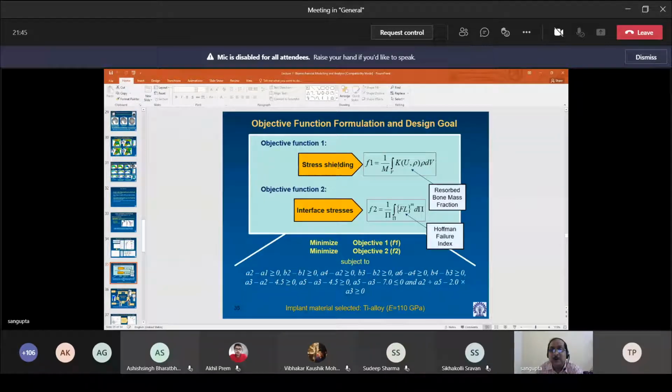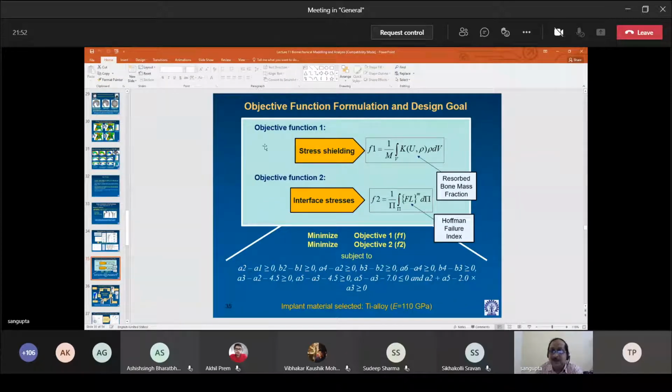So these are the two objective functions. And in many cases, we will find that these two are contradictory in nature. So if you increase a dimension of a prosthesis, it may actually lower the chances of interface failure, but at the same time, it will go on increasing the chances of more bone resorption.